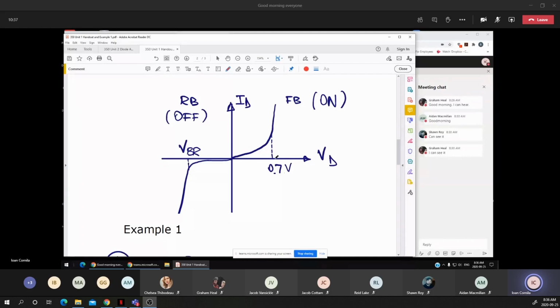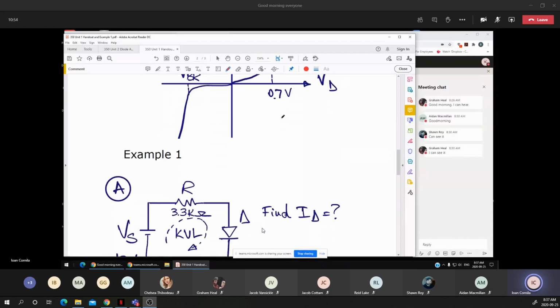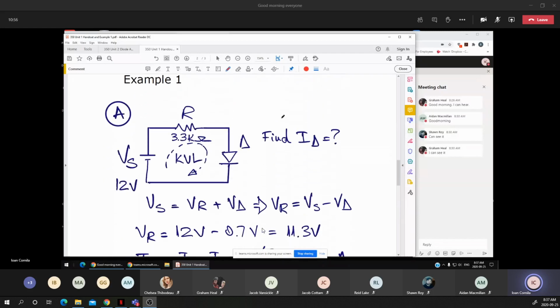If the voltage applied to the diode is above 0.7 volts, the current is, ideally, an infinite current, but it's limited, and we always have a resistance connected in series with the diode that will limit the current flowing through it.